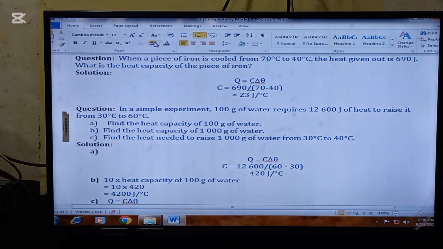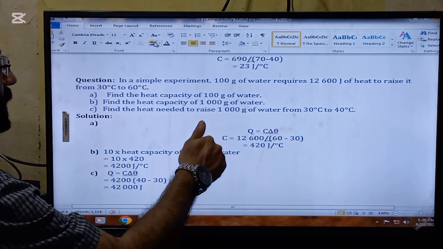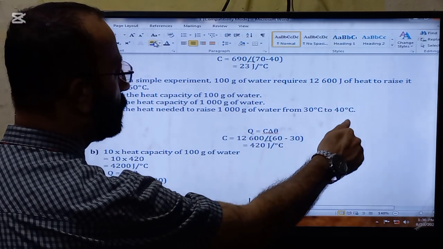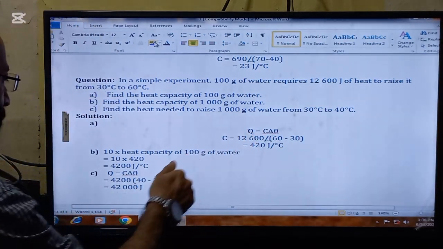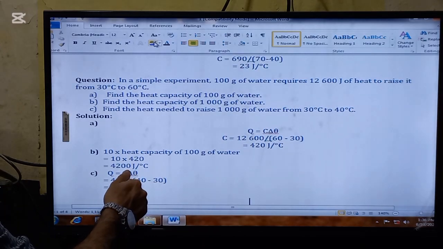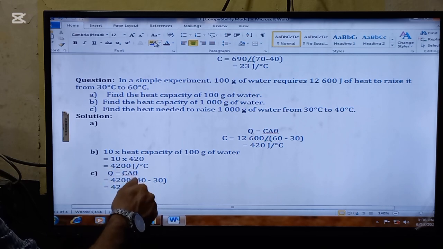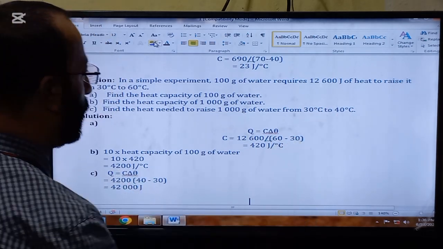Okay, in C part, find the heat needed to raise 1000 grams of water from 30 degrees C to 40 degrees C. So for 1000 grams, the heat capacity is now 4200 joule per degree C, which we found in B part, that will be used, and the temperature change is 10 degree.